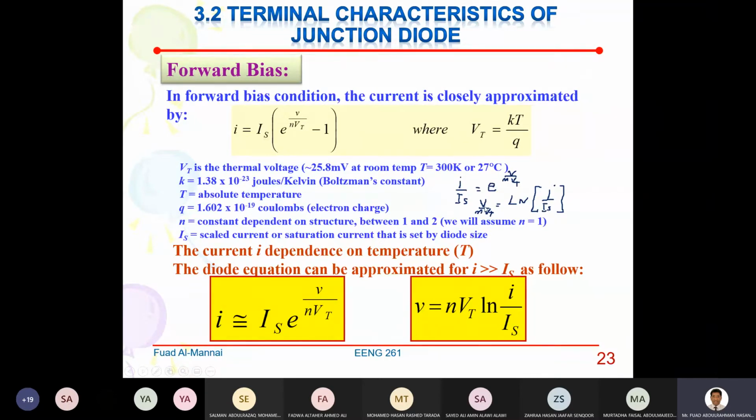Therefore, I can calculate V, which is equal to NVT ln of the current ID divided by IS. And it is also under a red rectangle. Very important. So don't forget these, guys. Whatever you do, do not forget these two formulas. Any questions? All right, very good.